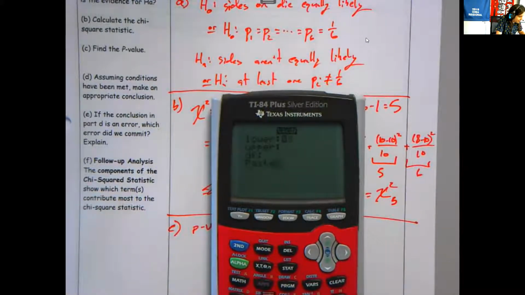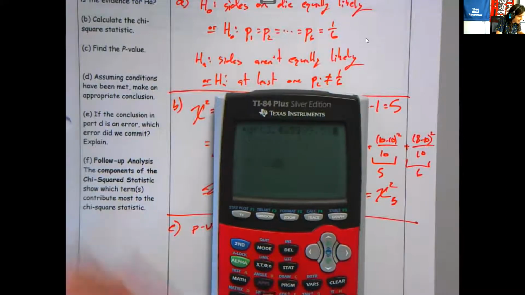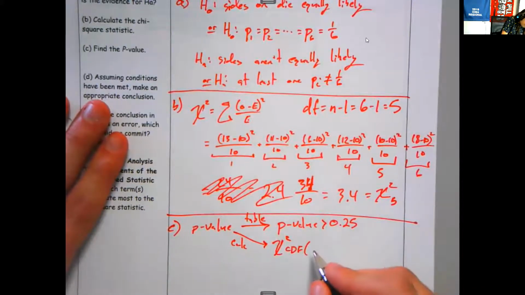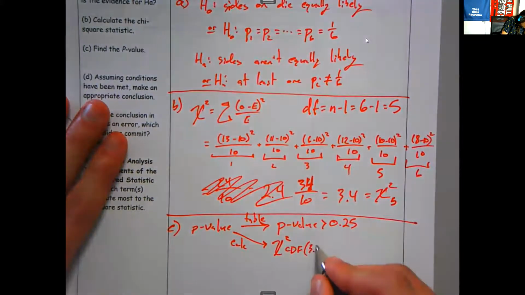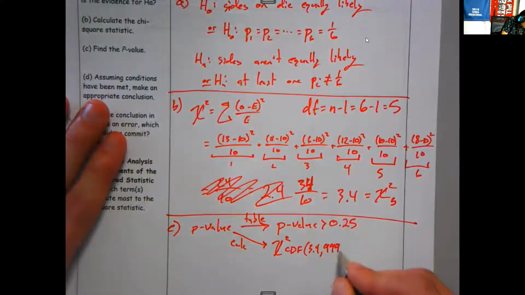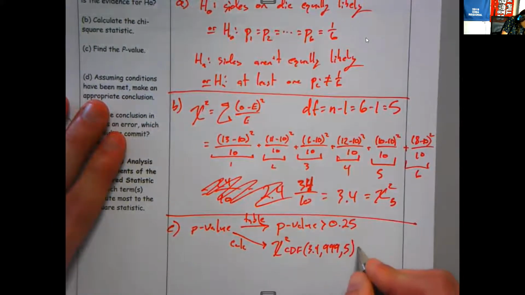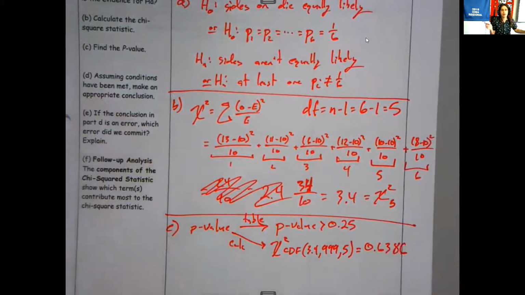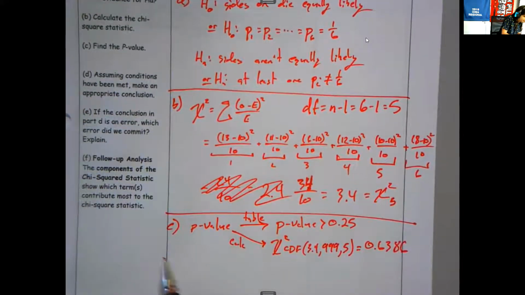Lower bound 3.4, upper bound bunch of 9s, degrees of freedom is 5, paste it and get an answer. And we've got a p-value of 0.638. 3.4, bunch of 9s, 5. We get a p-value 0.6386. So either way, we have a very large p-value.